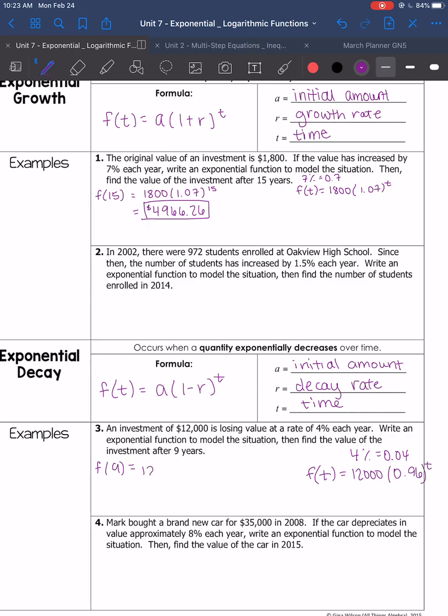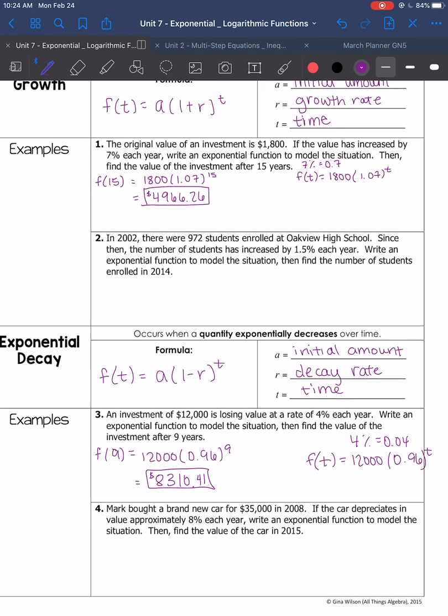So 12,000 times 0.96 to the 9 gives you 8310.41. So that's how much money of the investment would be left if you're losing value at a rate of 4%. So 4 is for you to do.